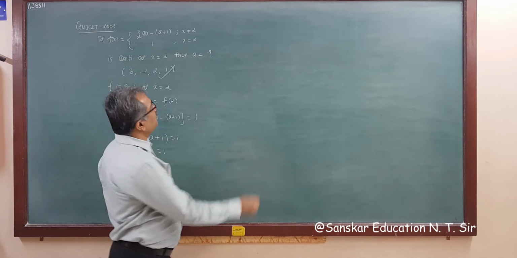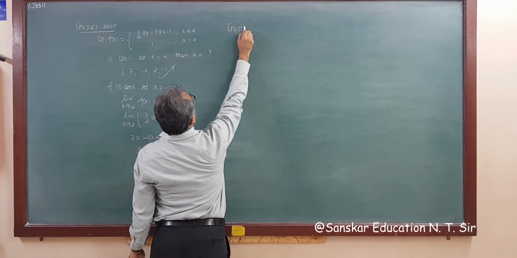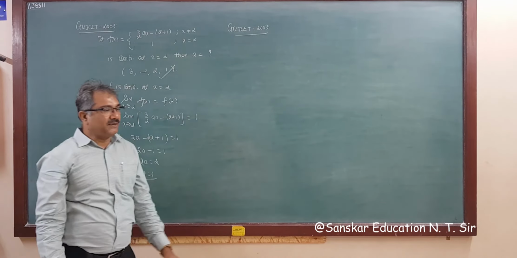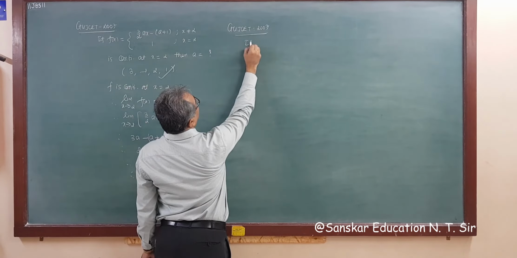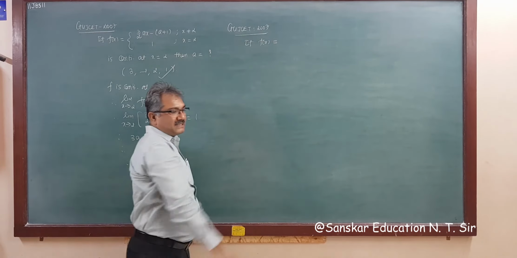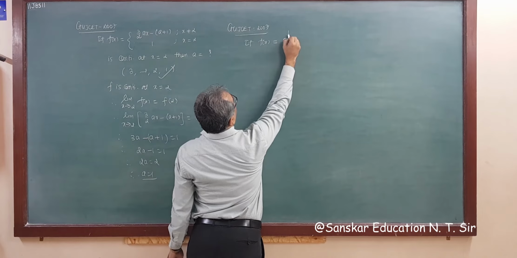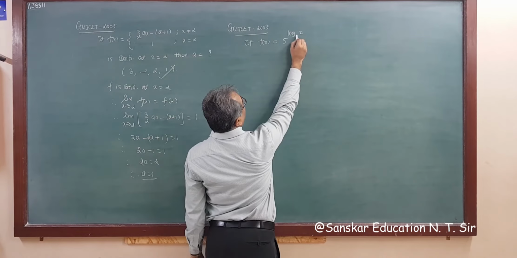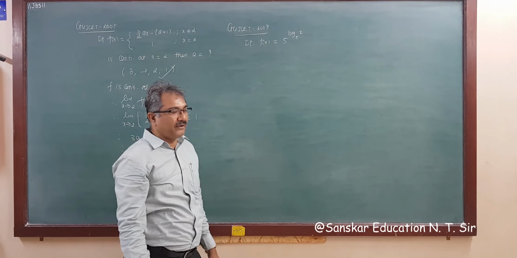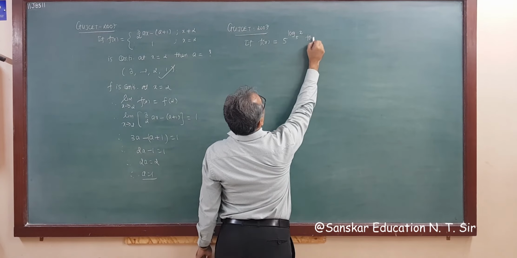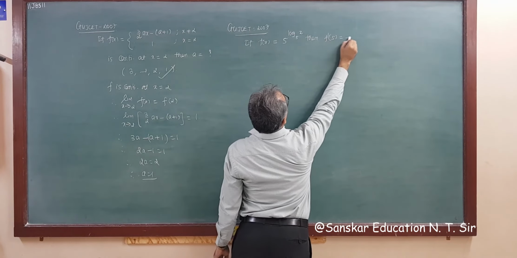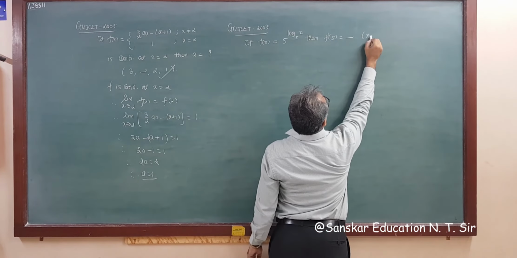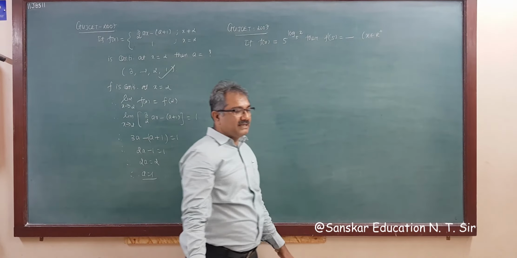Next question is from Gujarat 2007, sorry, not 17, Gujarat 2007. Given that f(x) is equal to 5 raised to log x base 5, then f dash 5 is equal to blank, where x belongs to R plus minus 1.